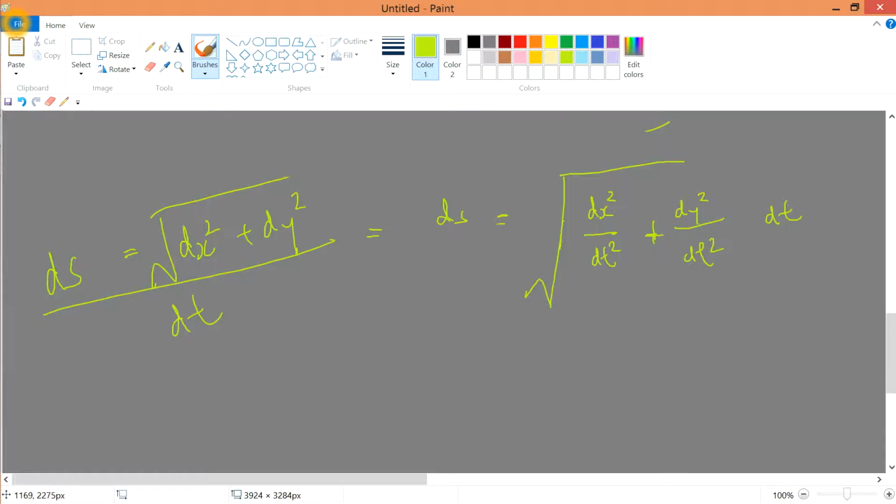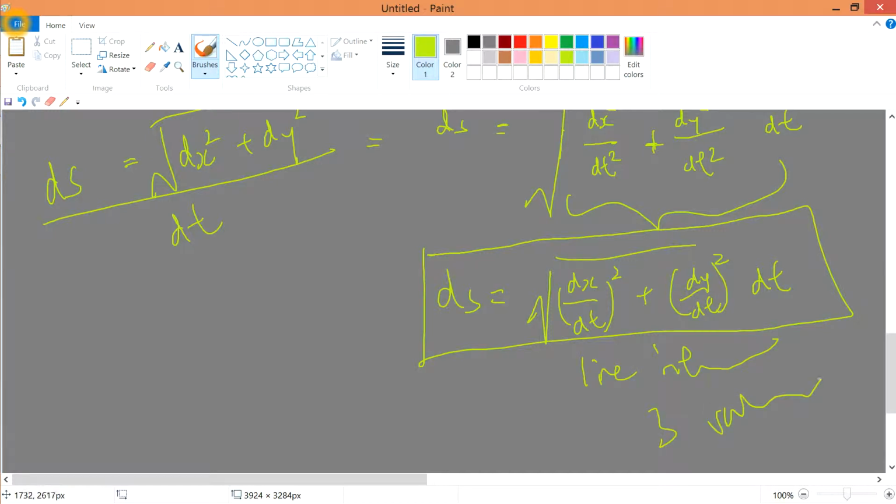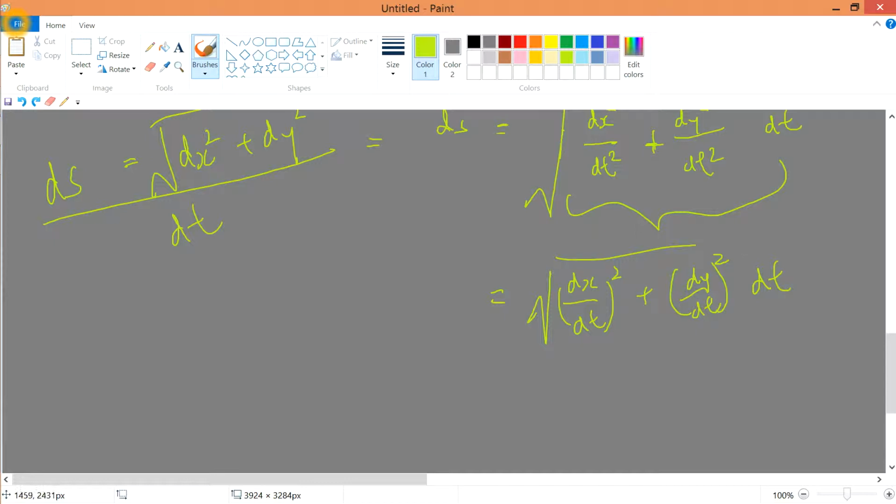I'm just taking out the brackets, taking all the squares out, and then ds equals the square root of (dx/dt) squared plus (dy/dt) squared, times dt. Therefore I have introduced you to a new equation for line integrals with 3 variables. I hope you get what I mean. And therefore, this is the formula.